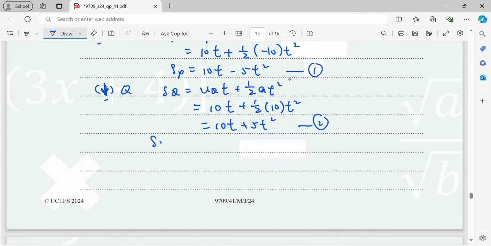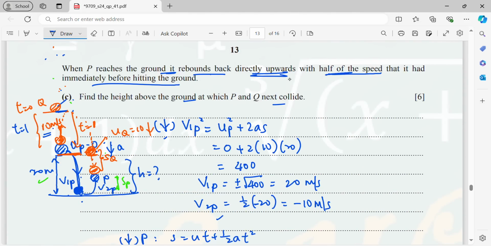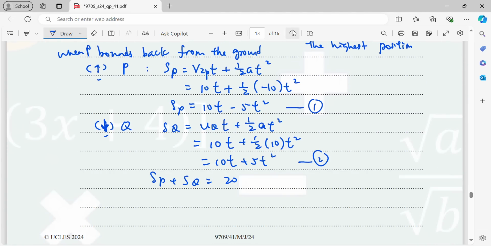And we know that SP plus SQ equals 20, the total distance. These two added together is 20. And now I need to find out what my SP is. Before I get the SP, I need to solve for T first, which means now 10T minus 5T squared, substitute first and second.